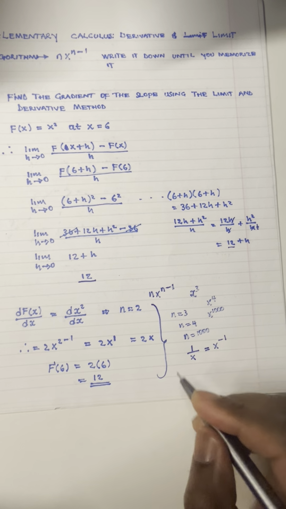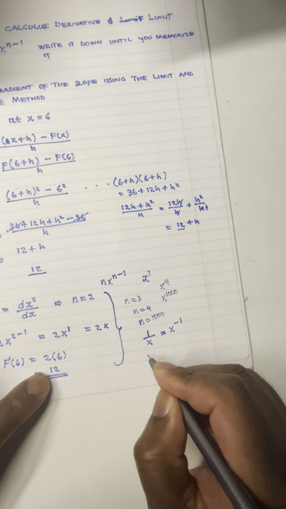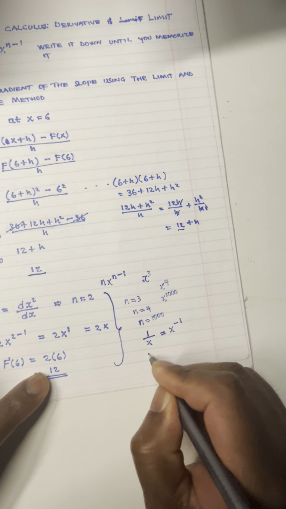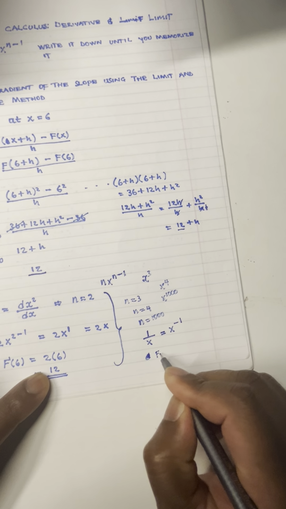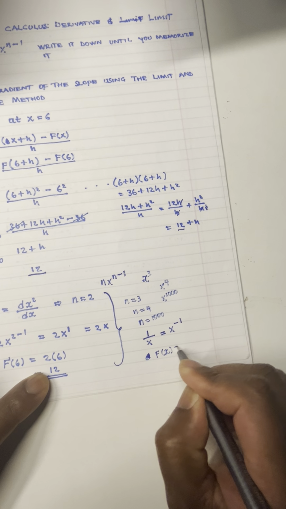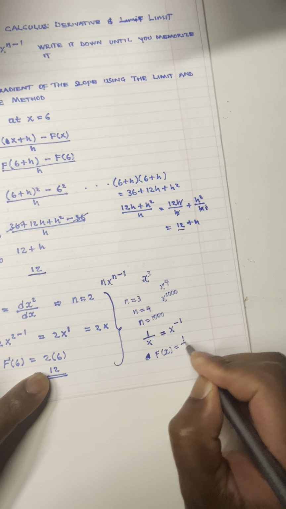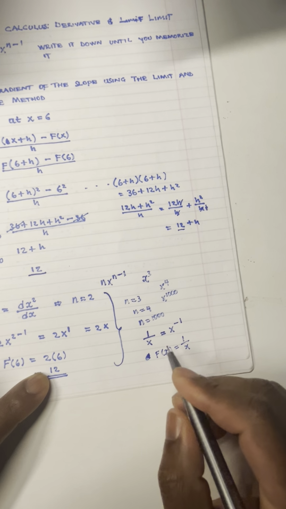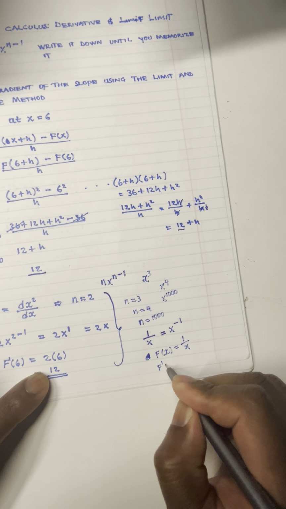So if they say, give us a derivative, let's say f of x equals 1 over x, and then find f prime of x.